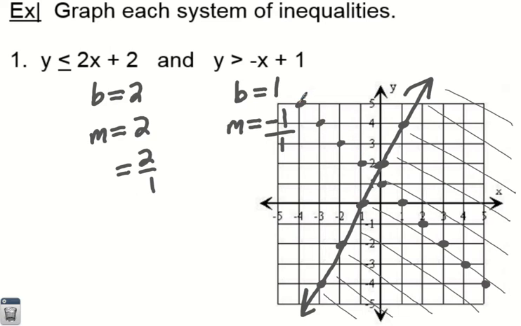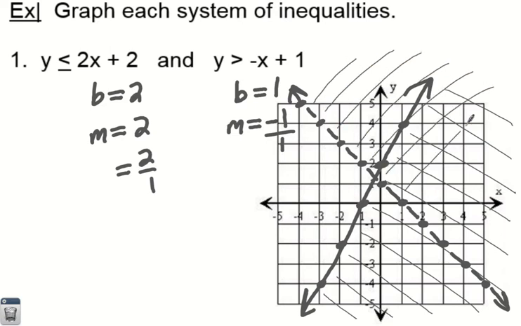And this is going to be a dashed line. As far as the shading goes, this is a greater than, so we shade above. Here's what you might want to do: keep your eye on the dashed line. We're shading above.